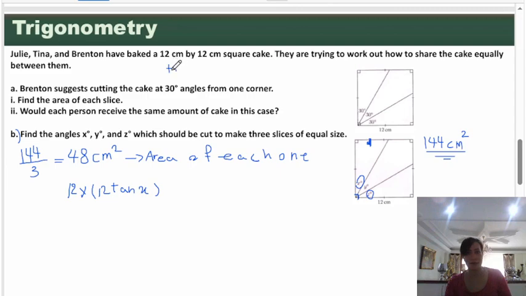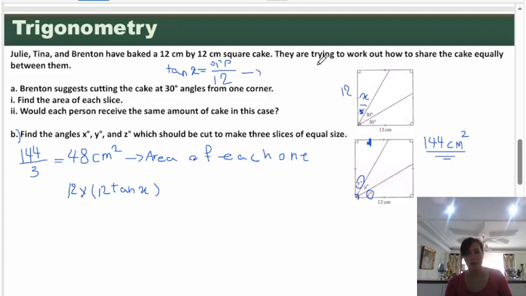Let me write here if you didn't get it yet. Tangent of X equals the opposite side over the adjacent side, which is here 12. The angle X is here. The opposite side over 12.